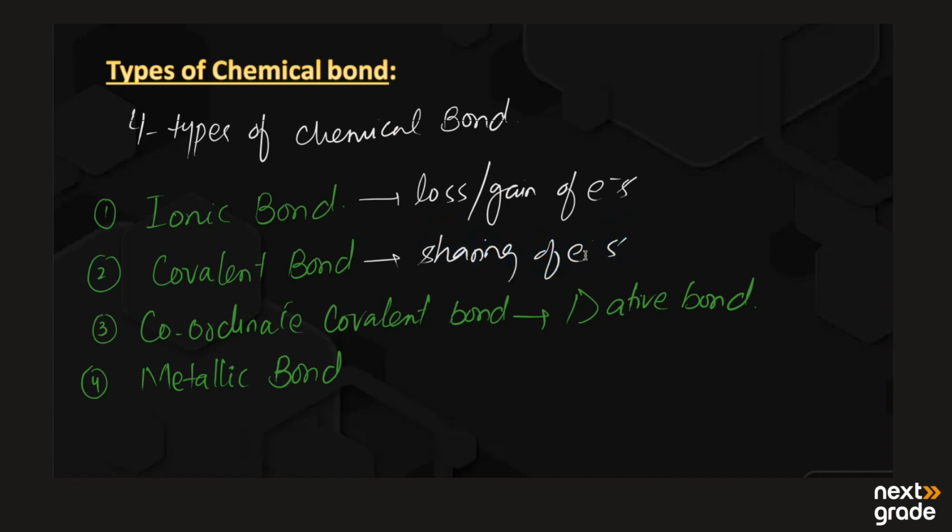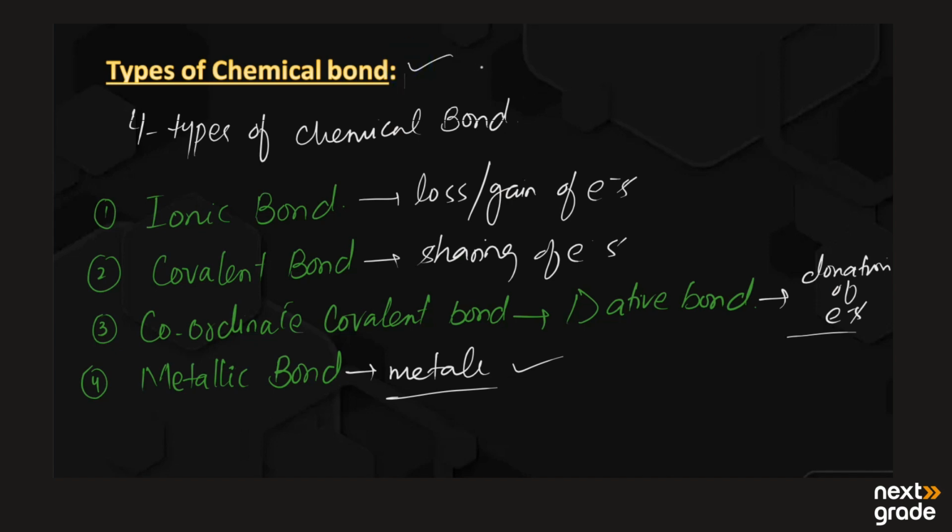In coordinate covalent bond or dative covalent bond we have simply donation of electrons or the acceptance of electrons by the other atoms. And the metallic bond, that bond exists between the metals.